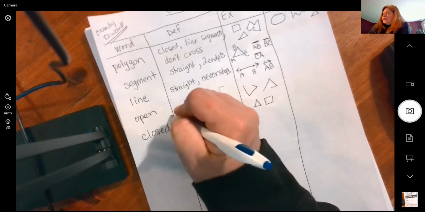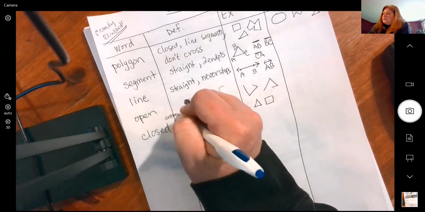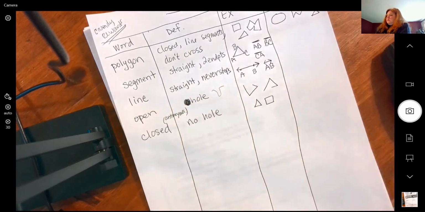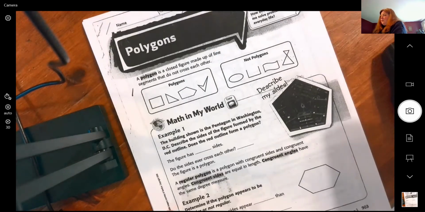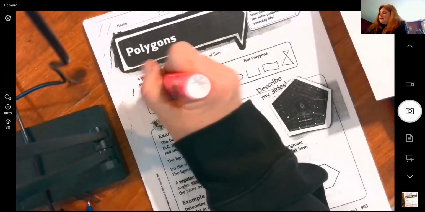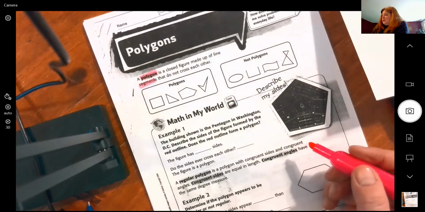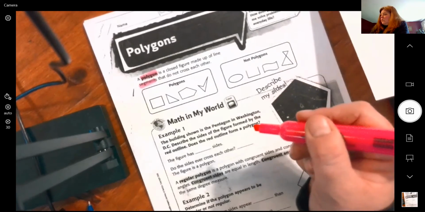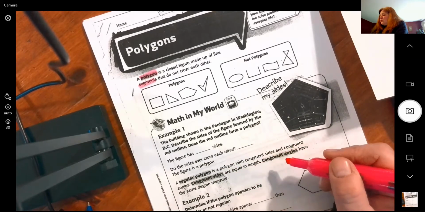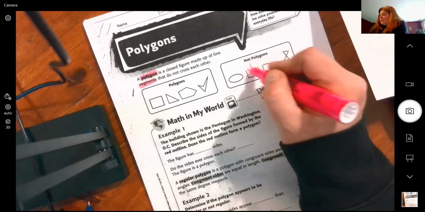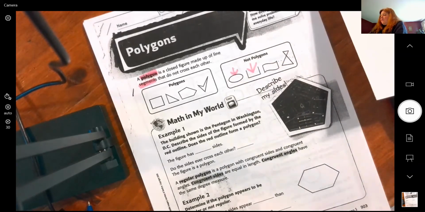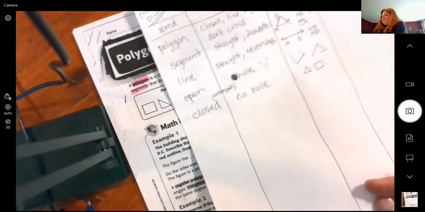These are antonyms. All right, so we have polygon, line segments. Then we have open and closed.